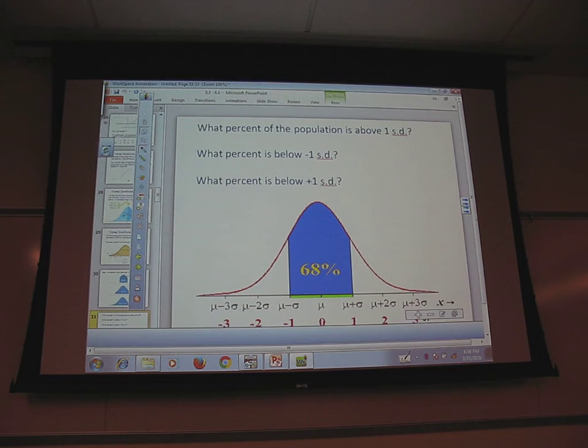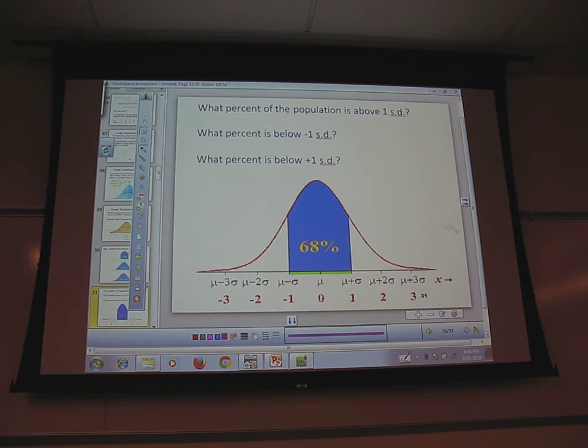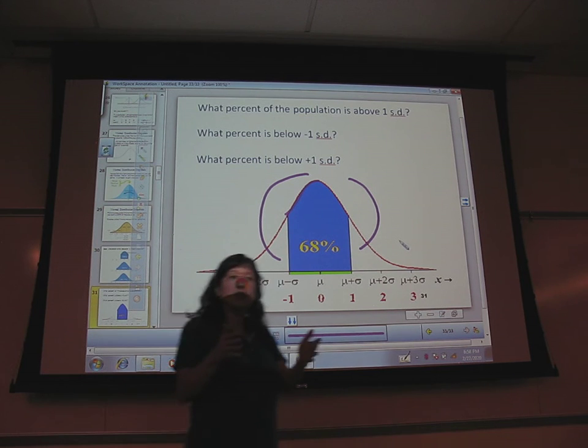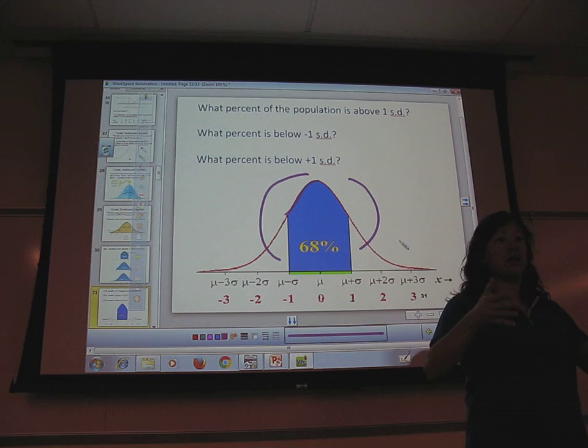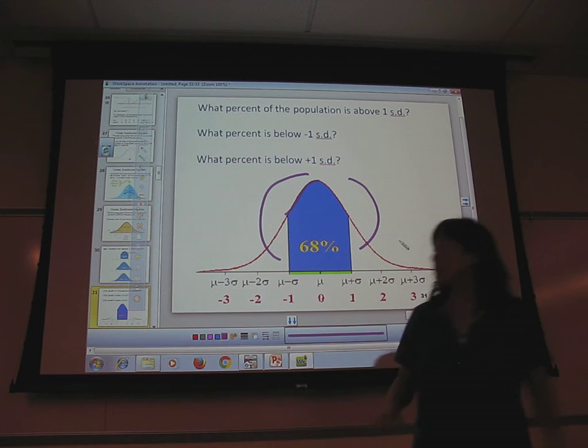This is similar to a problem we did before. Do you guys remember this? We said this is 68%. So that means that if I take this part here and that part there, they better be the rest of it. If 68% is on the inside, then how much is on the outside? 32%. 68% is on the inside, 32% better be on the outside.